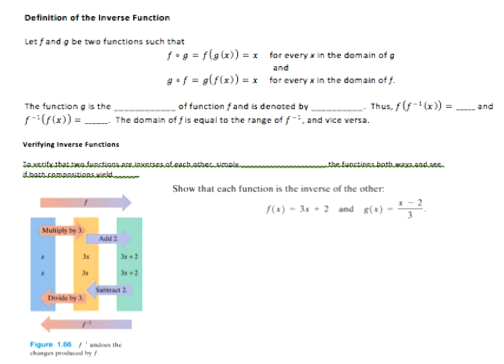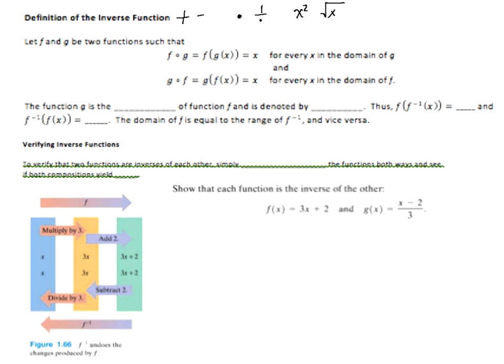Inverse operations are operations that, one easy way of putting it, undo each other. So for example, addition and subtraction are inverse operations. Multiplication and division are inverse operations. Squaring something and taking the square root are inverse operations.